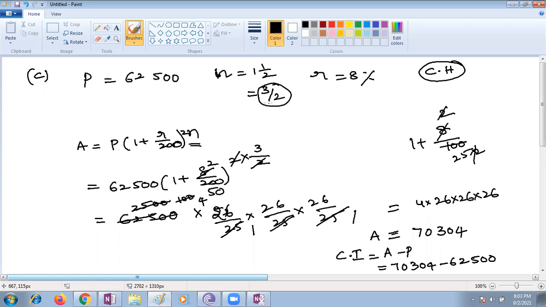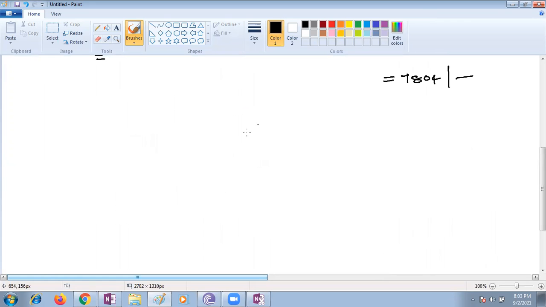Why? Because half yearly means the rate of interest you are making into half, it's 9 by 2, or else we have the direct formula. Half yearly means how are we supposed to do, children? Ma'am, 8,000 into 1 plus 9 by 200 whole power 2. Let me write the data. Principal is equal to 8,000.